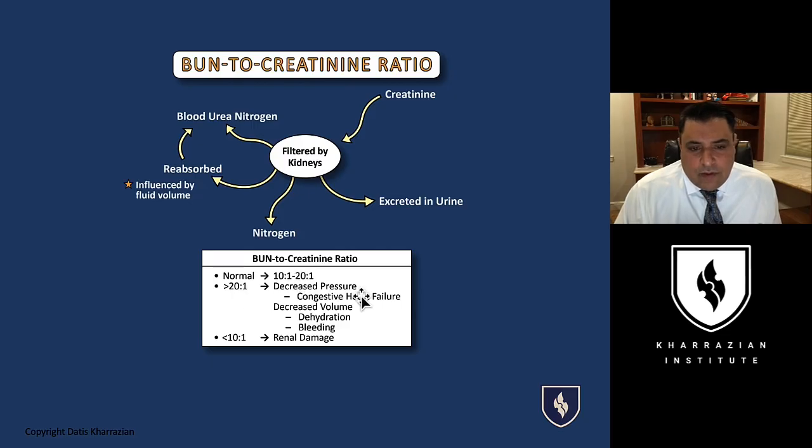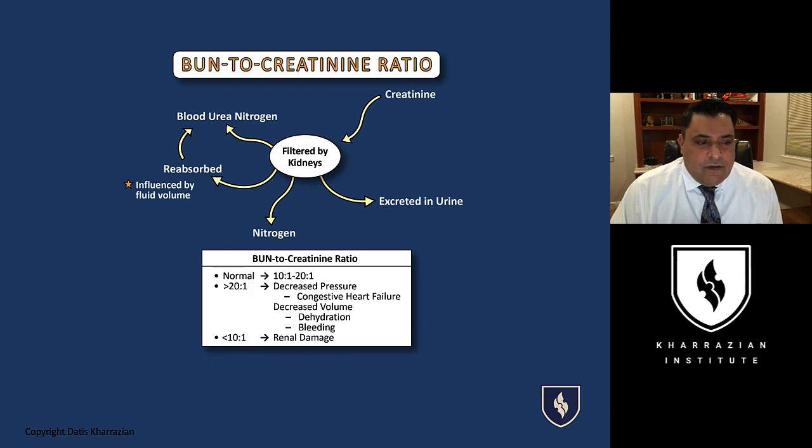If it's greater than 20 to 1, then you're definitely thinking of congestive heart failure or serious dehydration or serious bleeding. You're probably not going to see these in a functional medicine practice, but if you have someone's medical file when they're in the hospital with something very serious going on, like severe dehydration or congestive heart failure, you see levels that high. And if the levels are less than 10 to 1, then you're looking at some kind of renal damage. That's of concern.